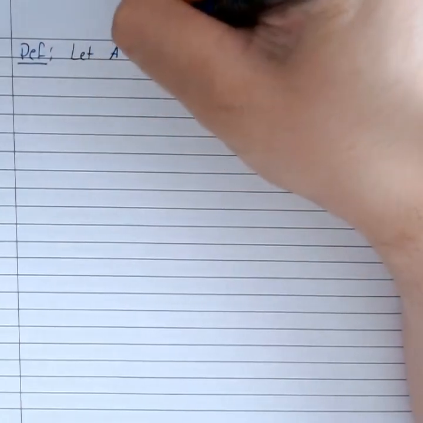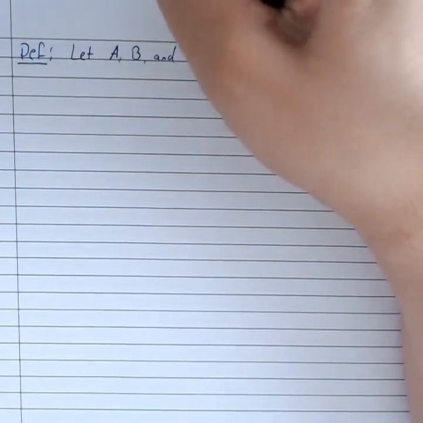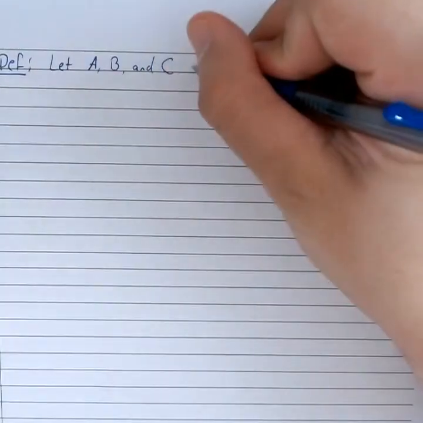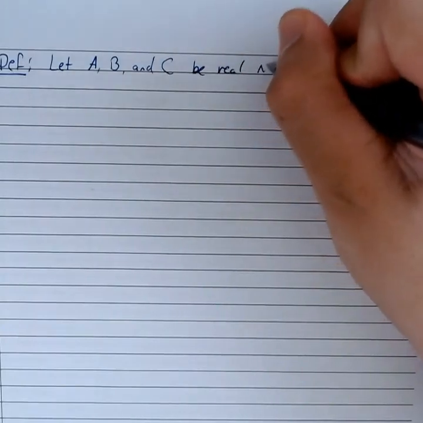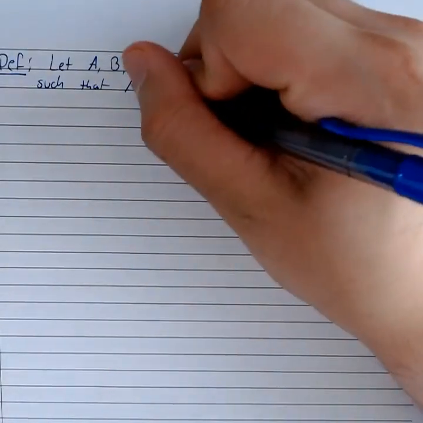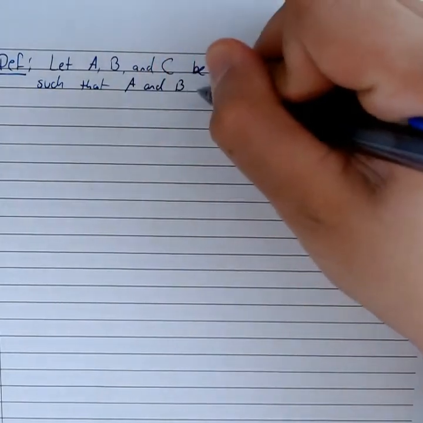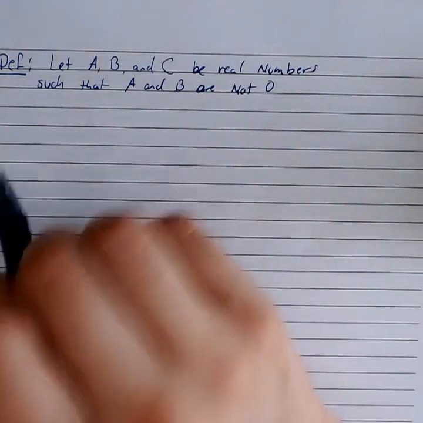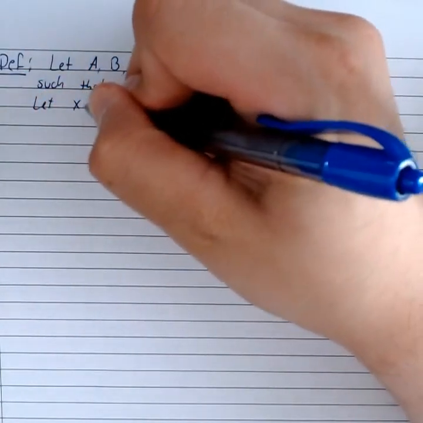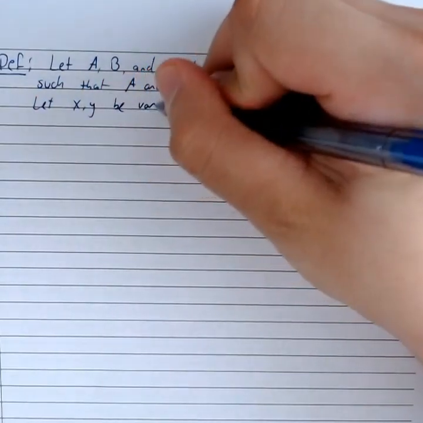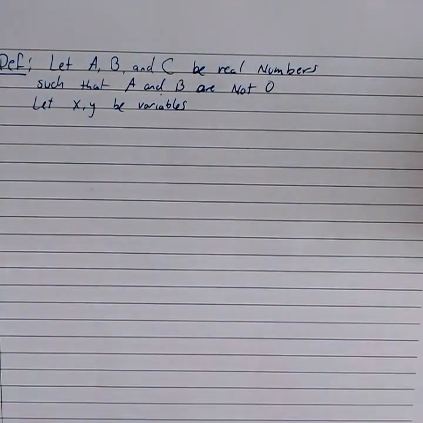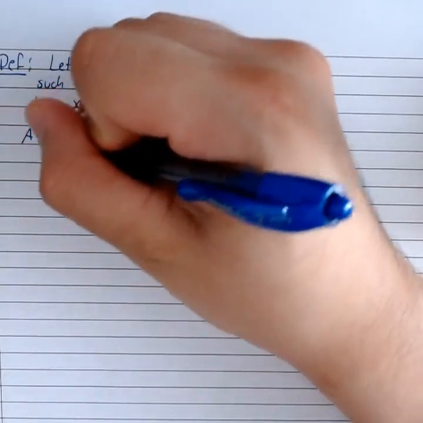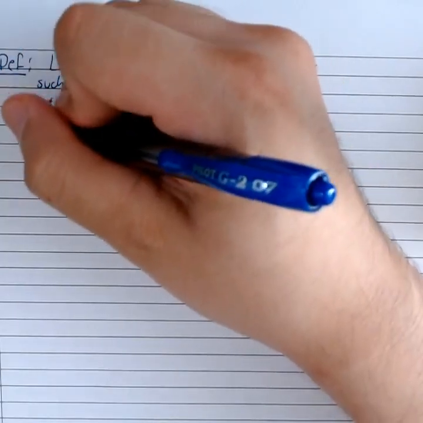So we're going to use the letters A, B, and C. Let A, B, and C represent real numbers, such that A and B are not zero. Let X and Y be variables.